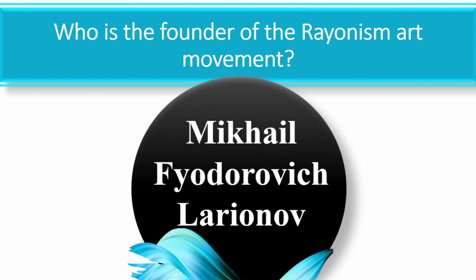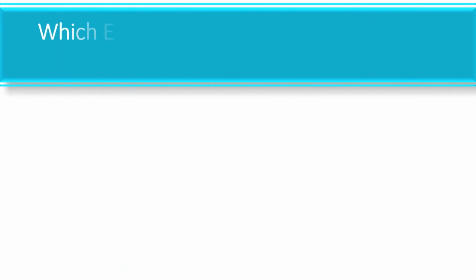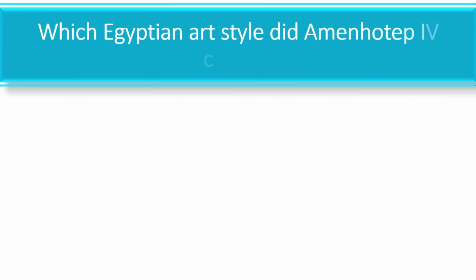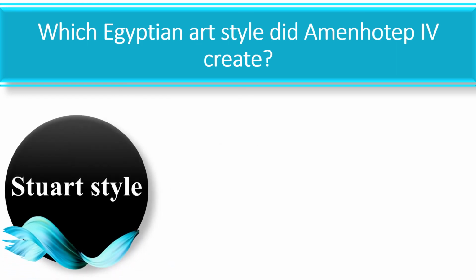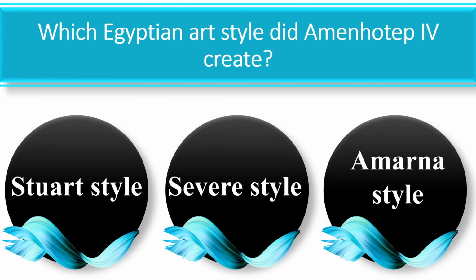Russian art movement founded by Mikhail F. Larionov, representing one of the first steps toward the development of abstract art in Russia. Which Egyptian art style did Amenhotep IV create? Stuart style, Severe style, Amarna style. Amarna style.